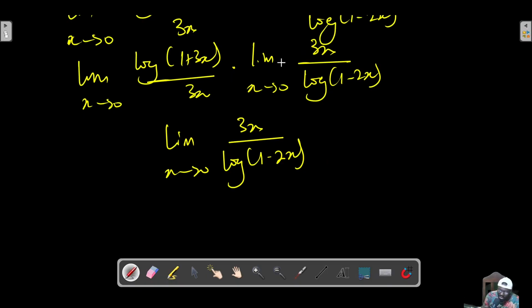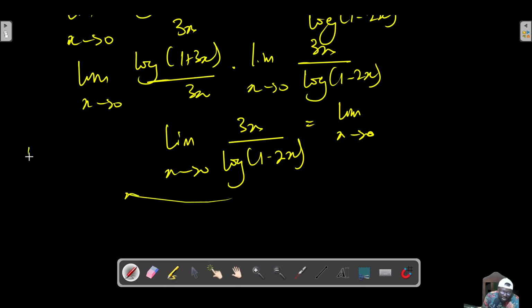I want this particular log expression to look like the standard.